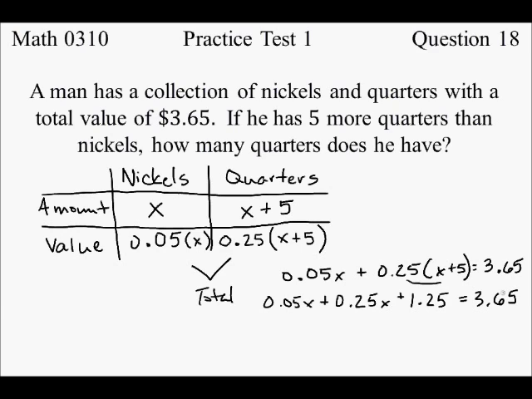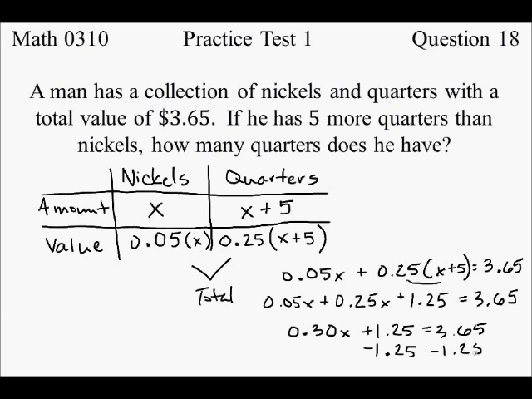Okay, so we can now combine our like terms, so 0.05x and 0.25x, we add those together. We're going to get 0.30x, or just 0.3x if you want to write it that way, plus 1.25 is going to equal 3.65. We want to get our x term by itself, so we need to subtract 1.25 from both sides.